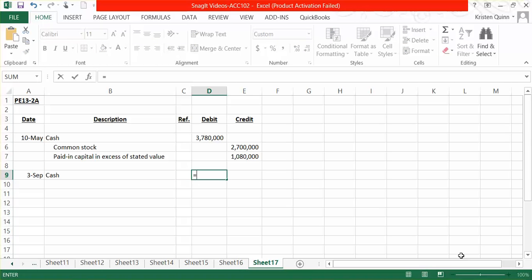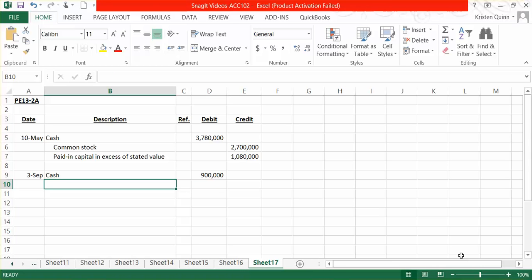We are issuing a total of 36,000 shares for $25 per share. So we will be receiving $900,000 in cash in exchange for preferred stock.